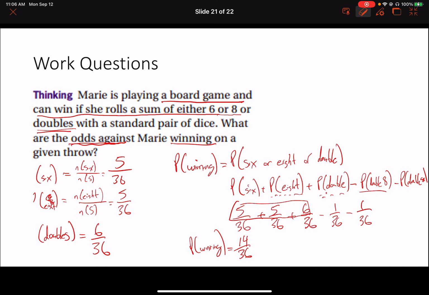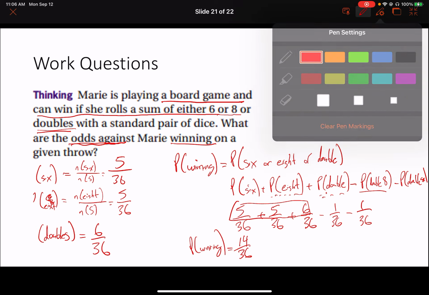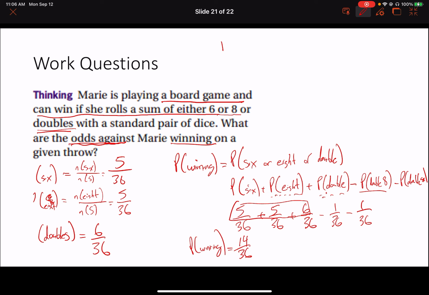If you remember the odds questions, the odds against is equal to P of something not happening to the odds of it happening.